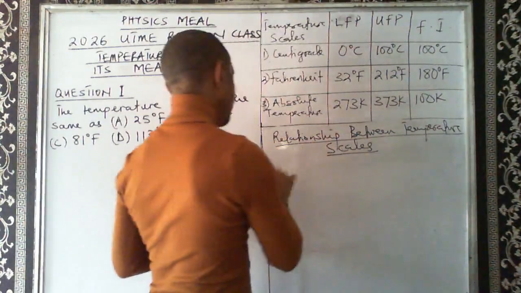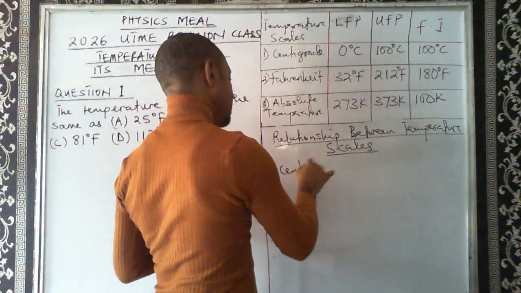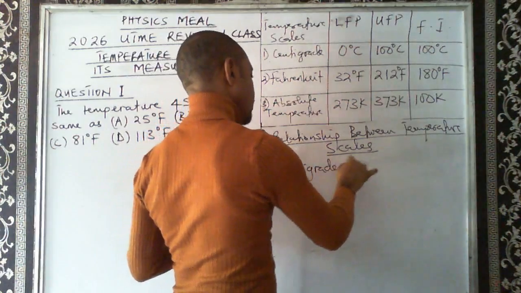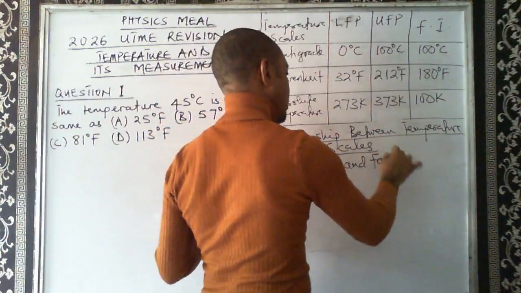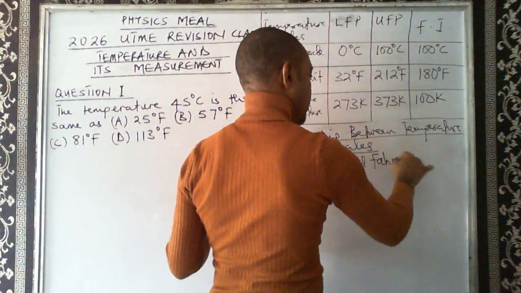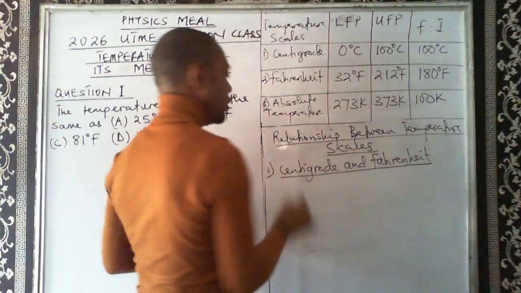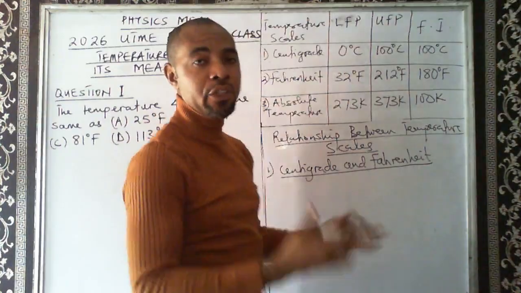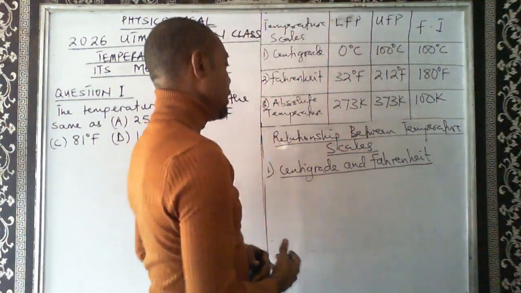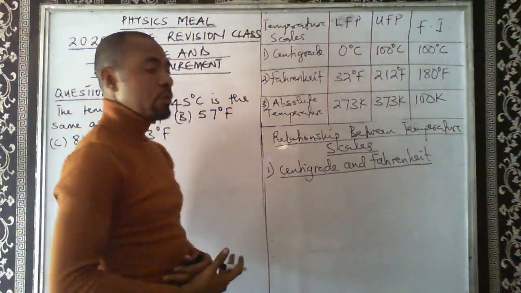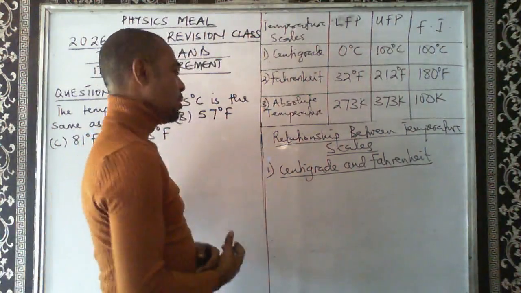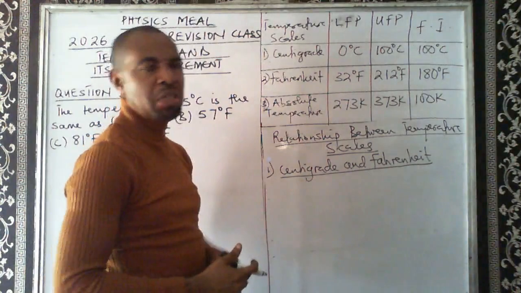So first, between centigrade and Fahrenheit. What's the relationship between them? Temperature in Fahrenheit is connected to temperature in Celsius, that's in centigrade. A very simple expression.